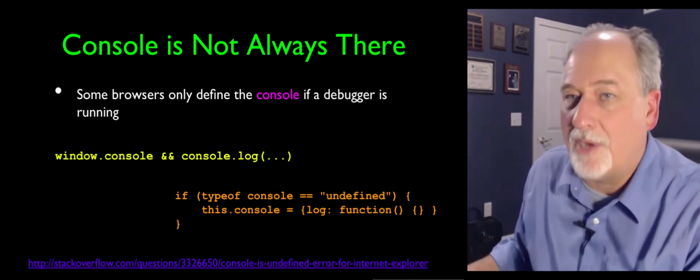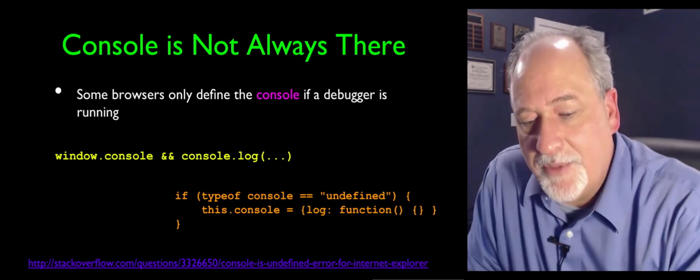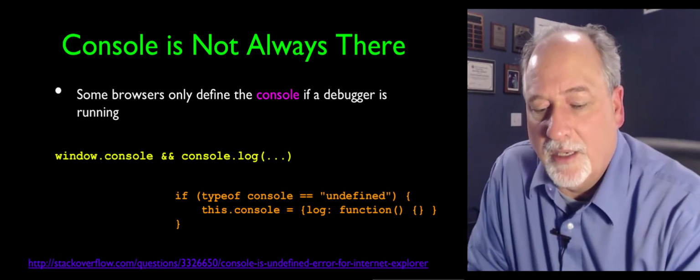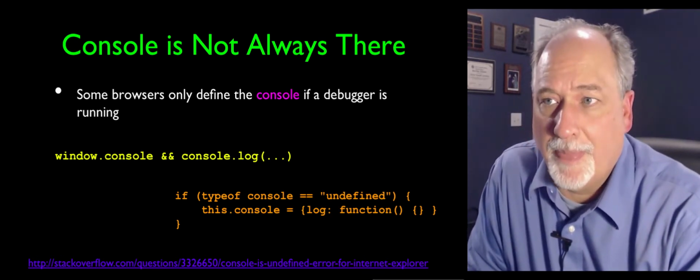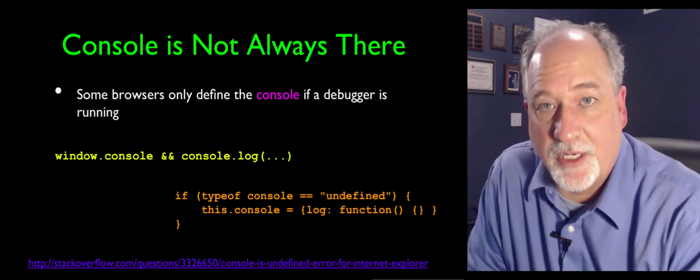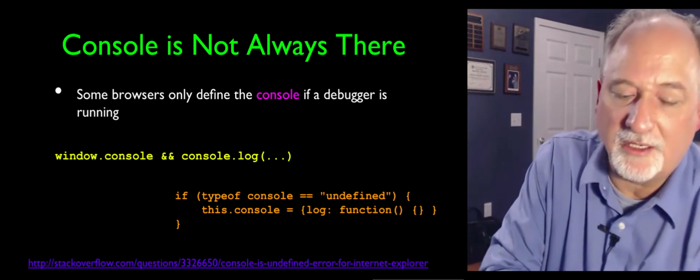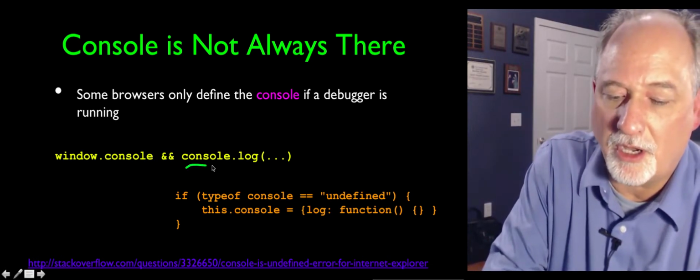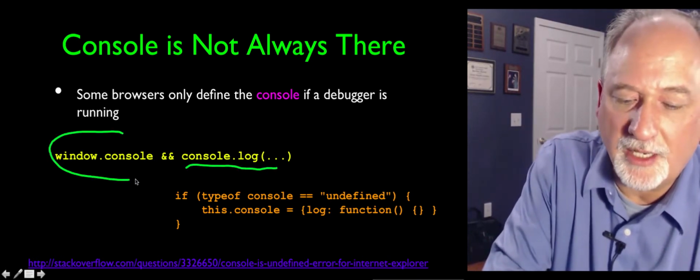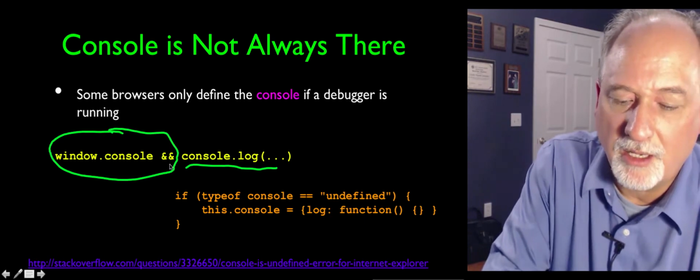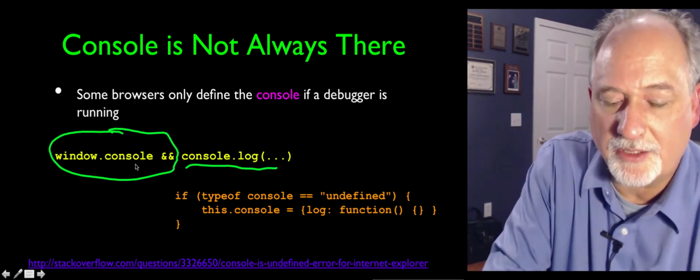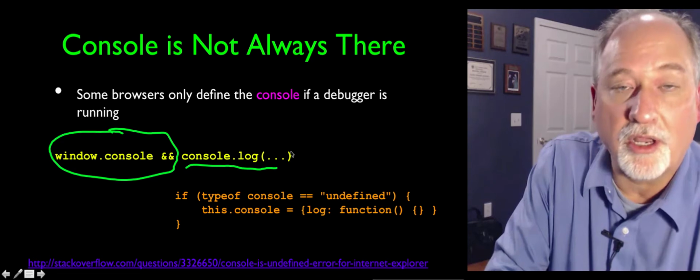Now, depending on the browser, the console object may or may not always be there. Sometimes it's there when the debugger's on. Sometimes it's not there when the debugger's off. So my favorite thing to do is, whenever I'm going to do a console log, I say window.console, which won't cause an error, and that means that if the console exists, then I will call console.log.